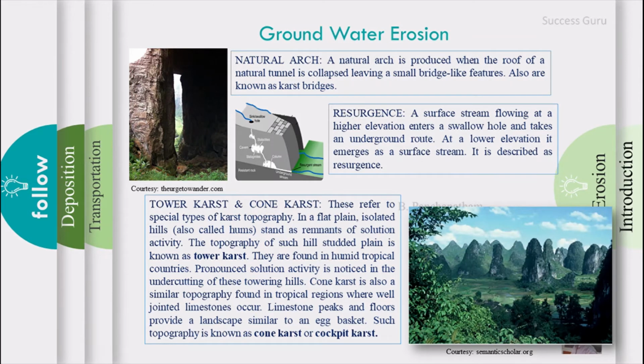Cone karst is a similar topography found in tropical regions where well-jointed limestone occurs. The limestone peaks and floors provide a landscape similar to an egg basket. Such a topography is known as cone karst or cockpit karst. The right side image shows the cone karst or cockpit karst.